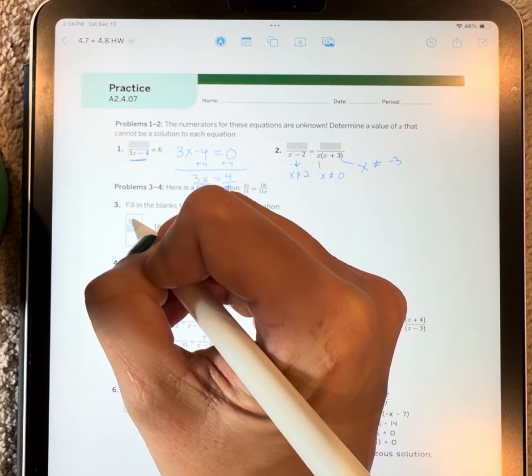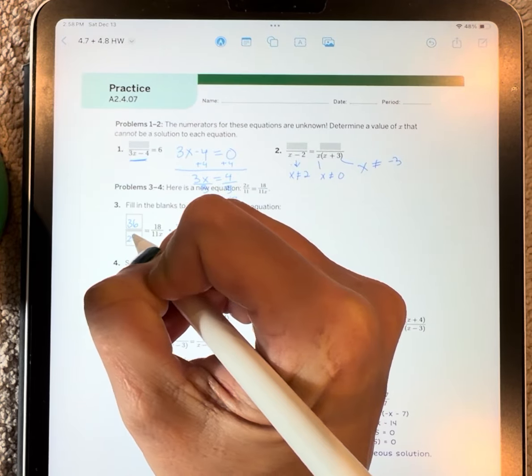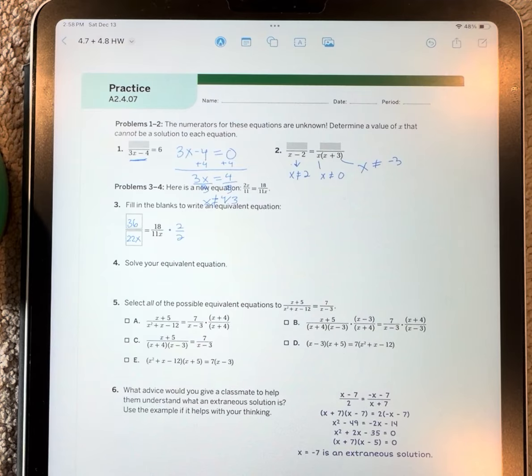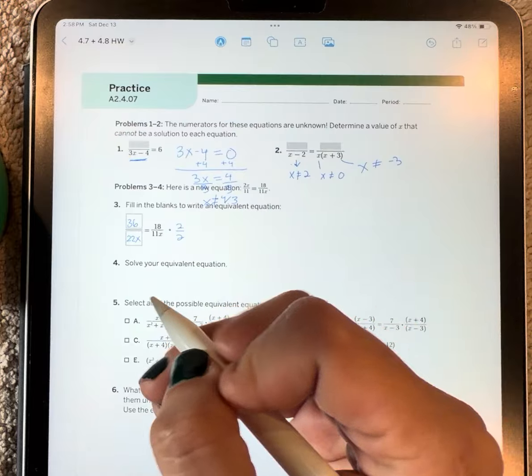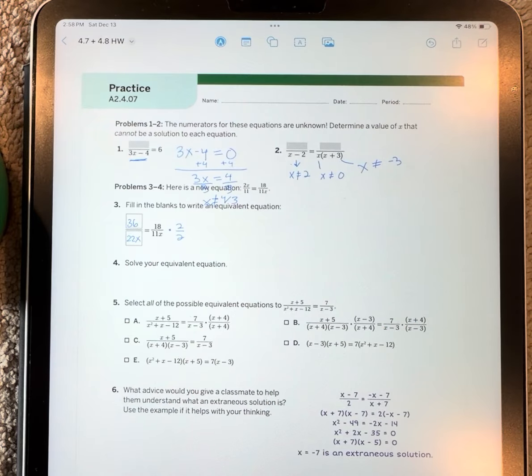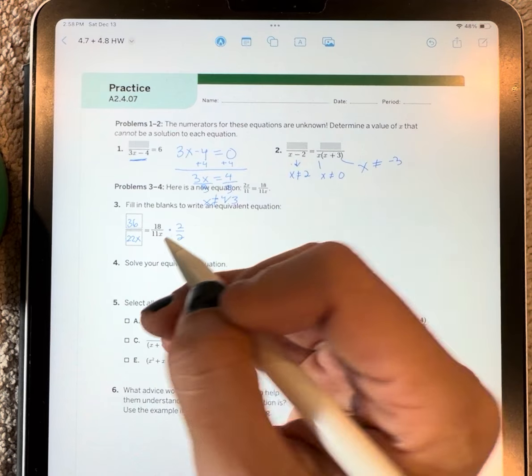So you could make it 36 over 22x. Easy peasy. Oh, now they want me to solve it. Okay, interesting. I mean, they're trying to make me see something interesting. So this side equals this side. Let's solve it and see what happens.